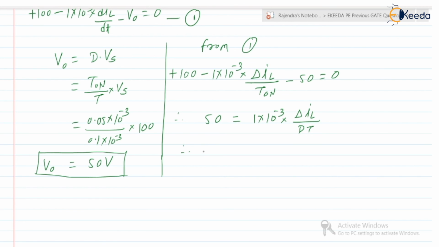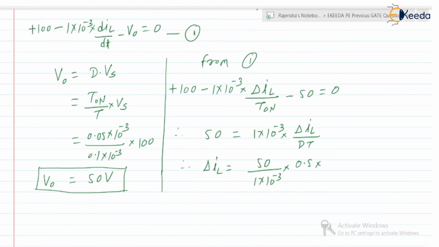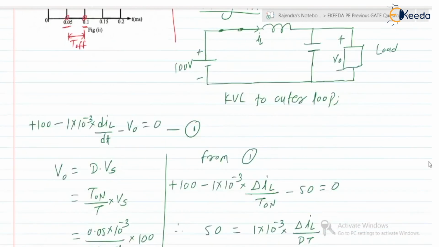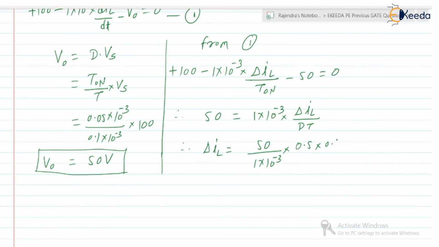Therefore delta IL is equal to 50 upon 1 into 10 to the power minus 3, into D T. D is 0.5, the duty cycle, and T is the total time, 0.1 into 10 to the power minus 3. The 10 to the power minus 3 terms cancel out.